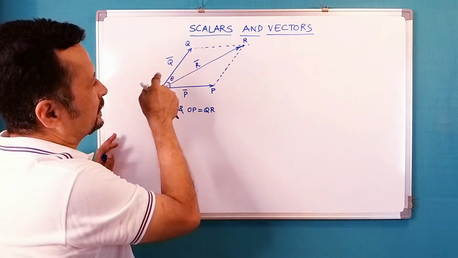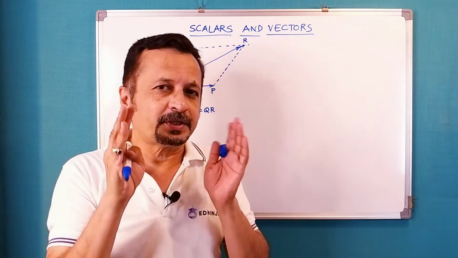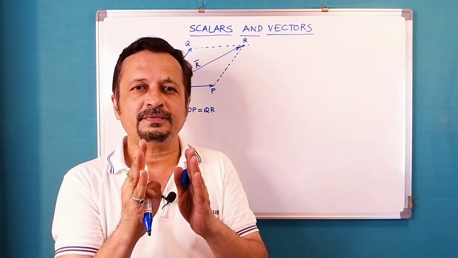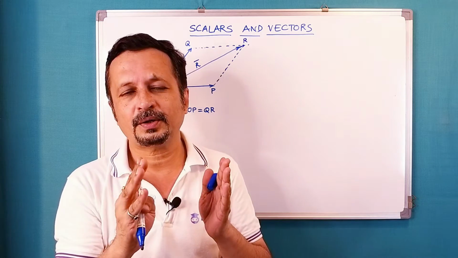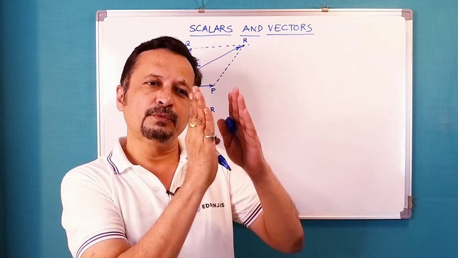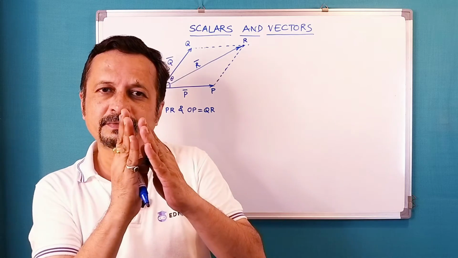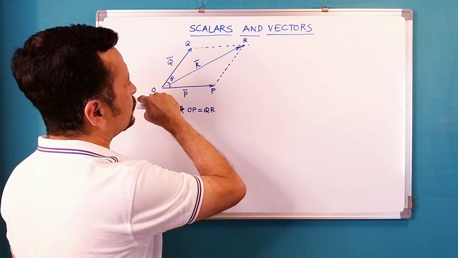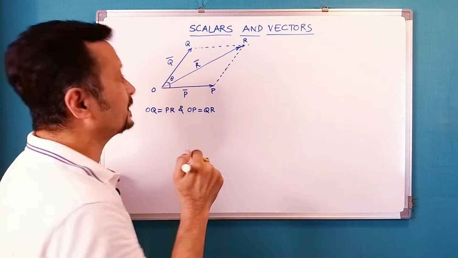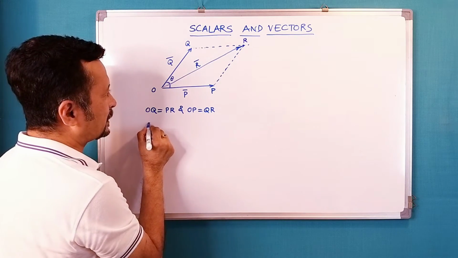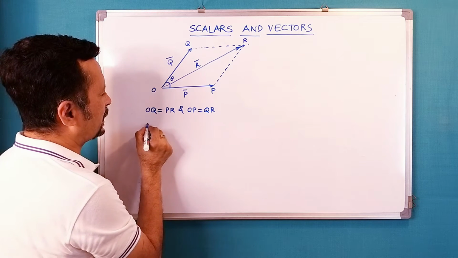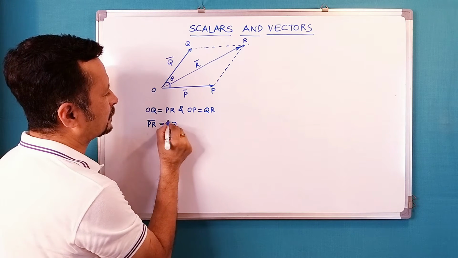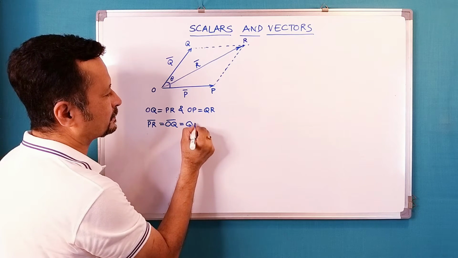Now, it is a property of vectors that you can shift a vector parallel to itself keeping its magnitude same. If you keep the magnitude same and move that vector parallel to itself, then the vector remains same. So can I say that PR bar is equal to OQ bar and that is equal to Q bar? Yes, I can say that. PR bar is equal to OQ bar and that is nothing but Q bar.